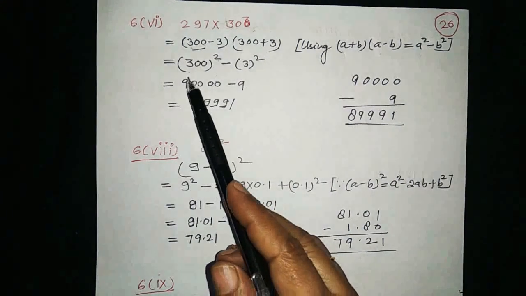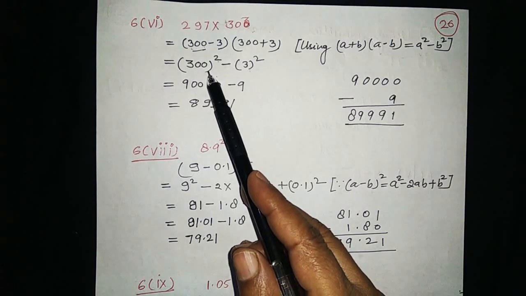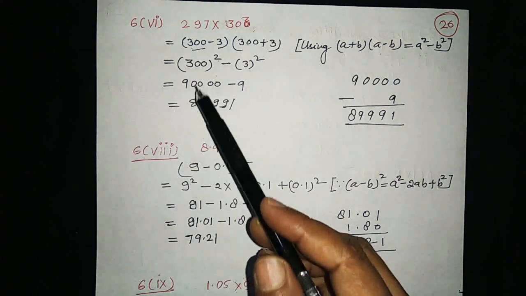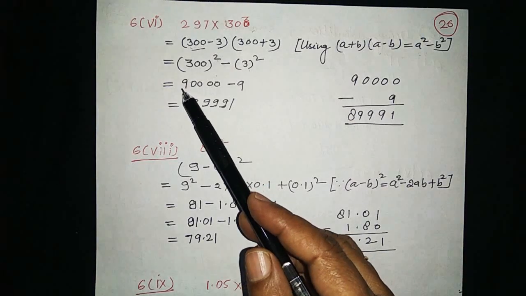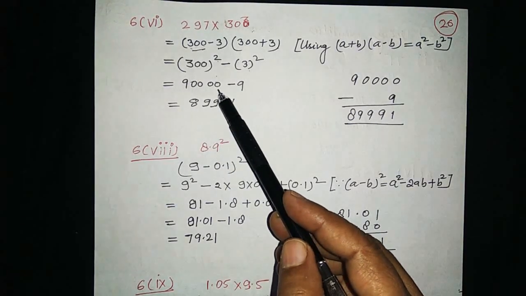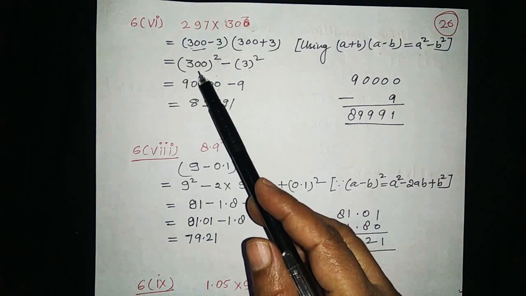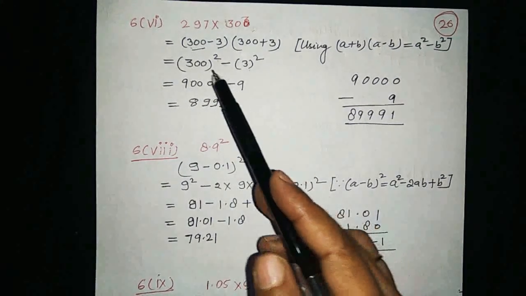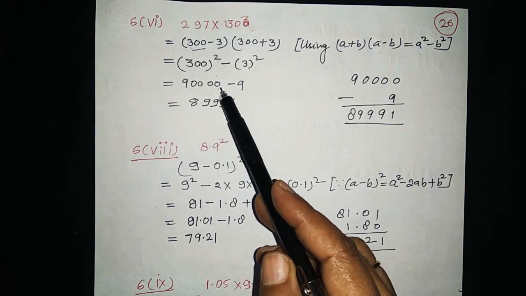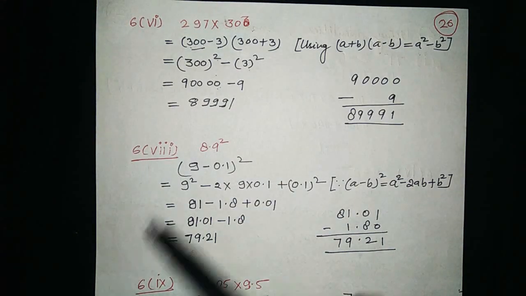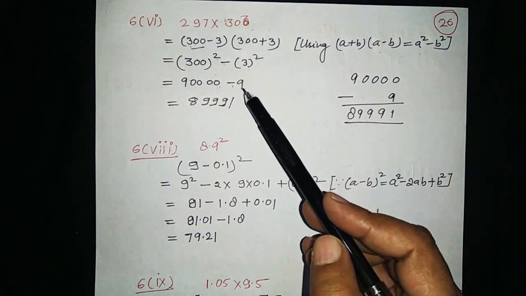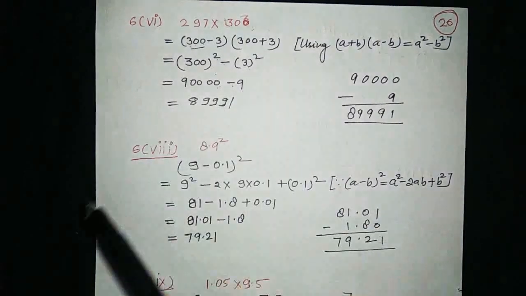Now 300 into 300 we will do for this 300 square, then we will get 9, and after 9 we will put 4 zeros because we are doing square of 300. Okay, here 2 zeros, so in its square we will put 4 zeros. Now this minus sign and 3 square, for this we will write 9.